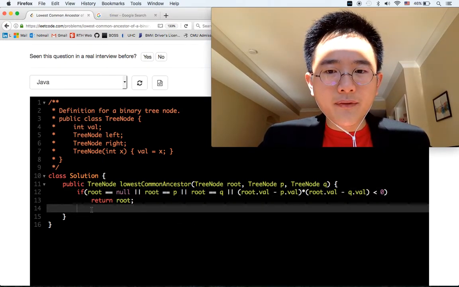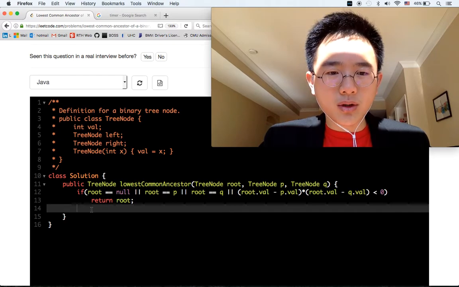Now, if P and Q are both less than root, then we should traverse to the left, right?